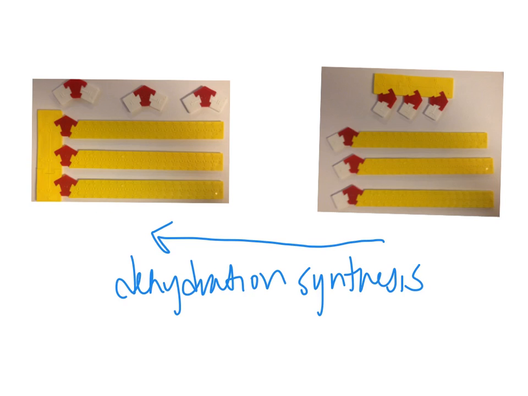So when we combine things together and take out water to do so, that is dehydration synthesis. But we haven't mentioned the opposite reaction, and that's where we go from a combined molecule down to the individual pieces. This process is called hydrolysis.